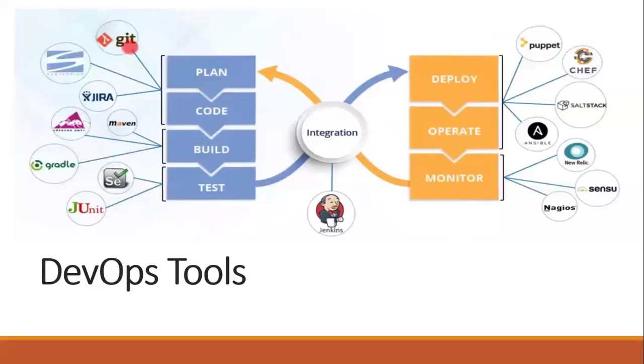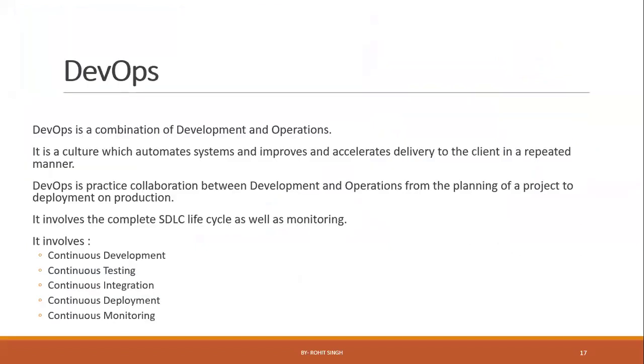Now there are so many tools, including open source tools, but the most important tool nowadays for DevOps is Azure DevOps. We will discuss that also. DevOps is a combination of development and operation. It is a culture which automates systems and improves and accelerates delivery to the client in a repeatable manner.